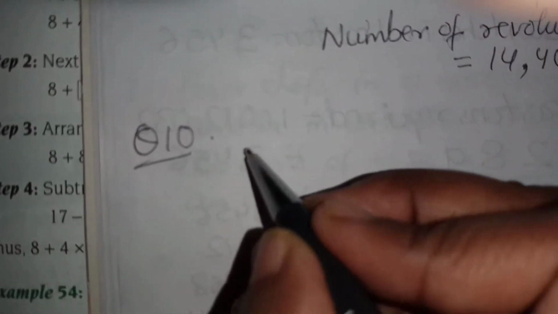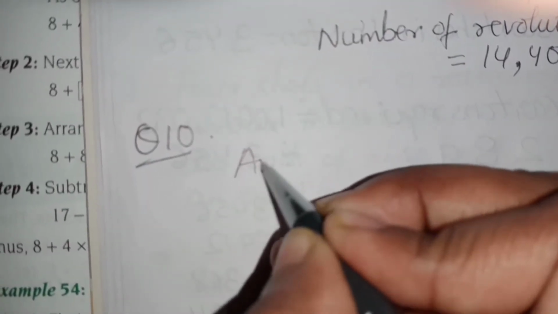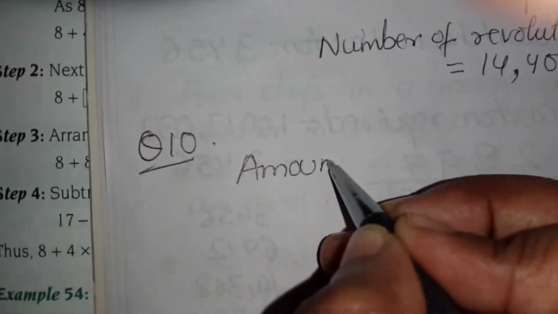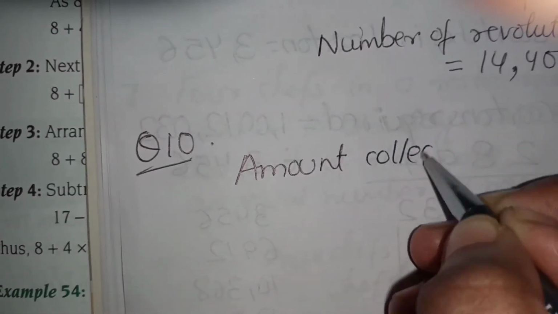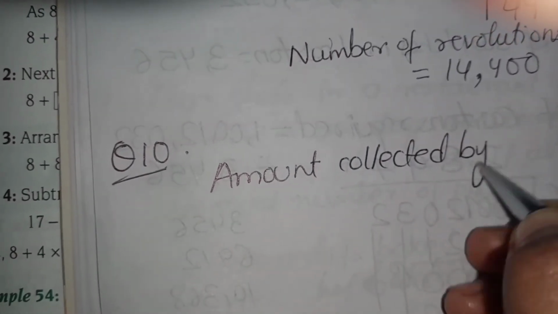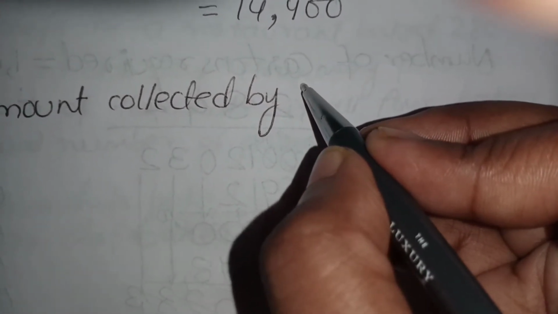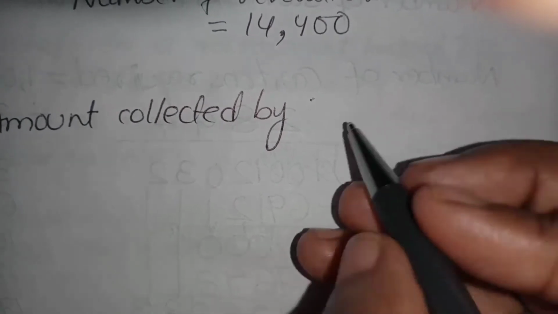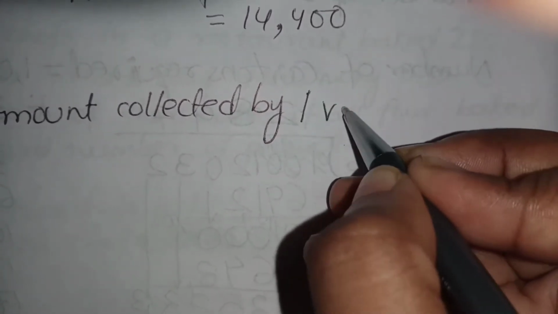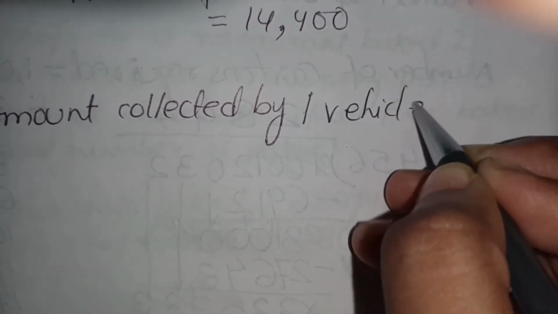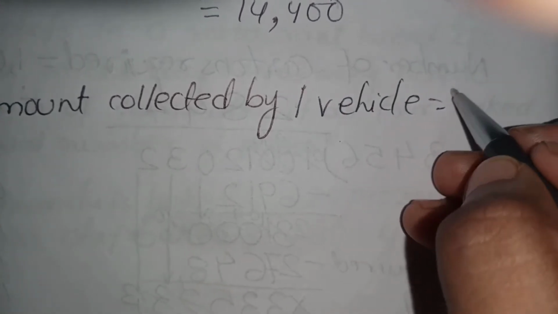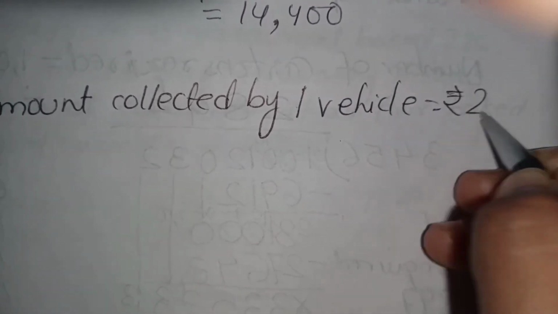Let's write here: amount collected by one vehicle. So what is the amount collected from one vehicle? Rupees 20.